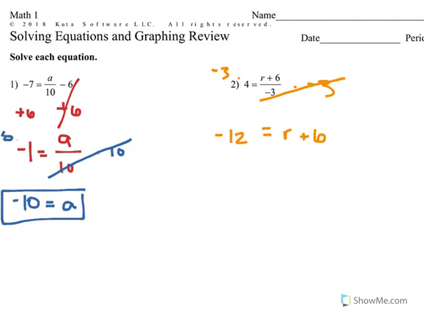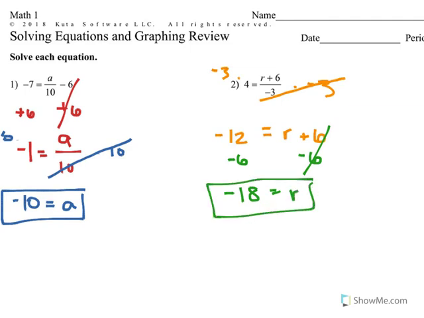Our next step, we're looking to get that variable by itself, so I'm going to subtract 6 from each side. Simplify the left-hand side. Negative 12 minus 6 is negative 18. Negative 6 subtracted from that positive 6 ends up canceling out, leaving me with just r. My variable is alone, so I have finished solving that equation.